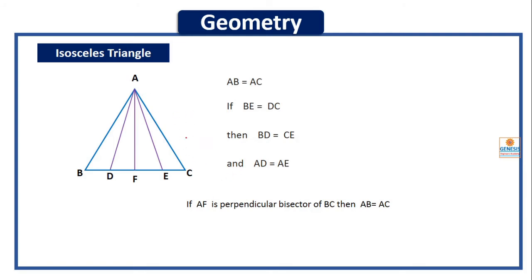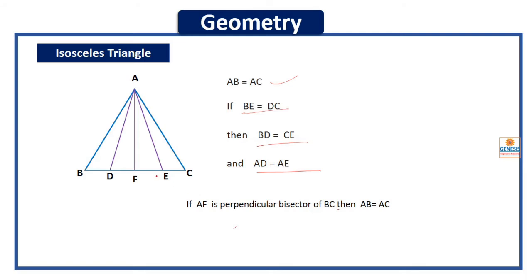So if it is an isosceles triangle, AB is equal to AC. If BE is equal to DC, then BD is equal to CE and AD is equal to AE. So AF is the perpendicular bisector of BC.